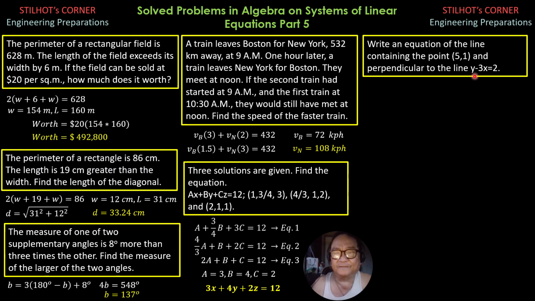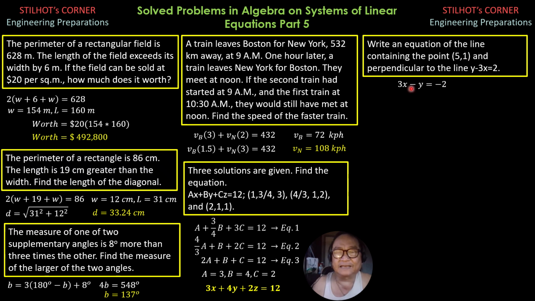So if we write this line as 3x minus y equals -2, the line perpendicular to this will have an equation x plus, because this is minus, plus 3y equals 3 times x1 plus 3 times y1.